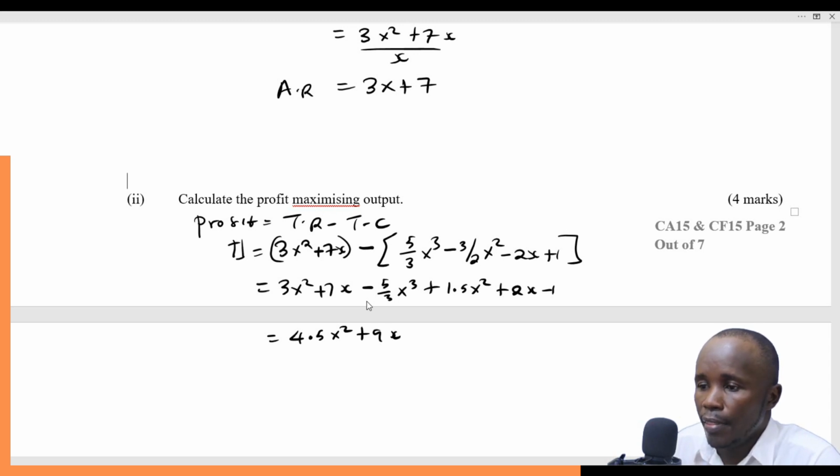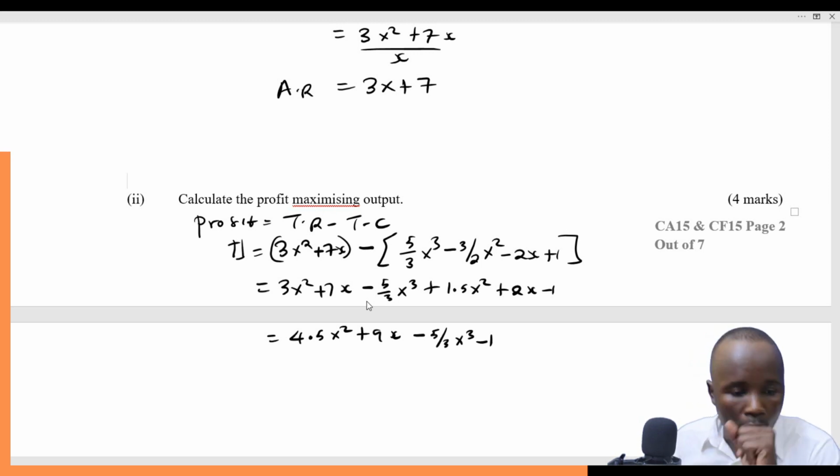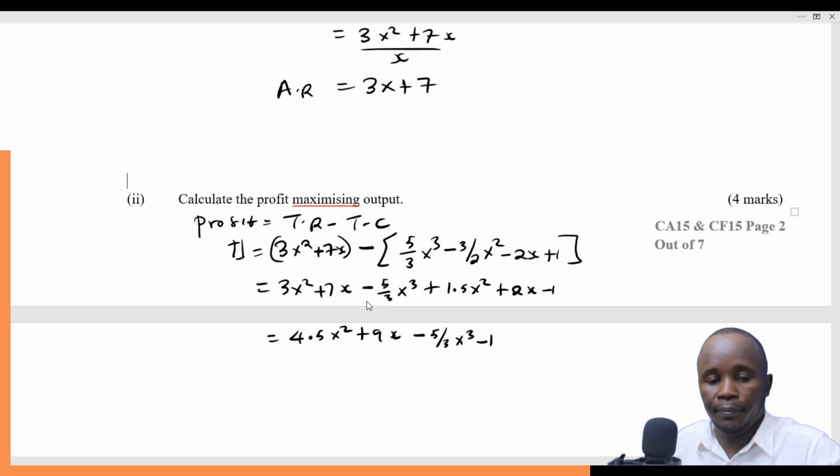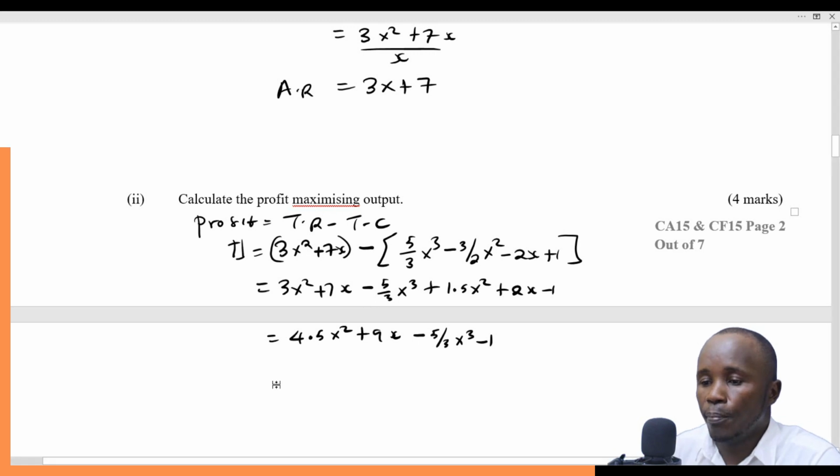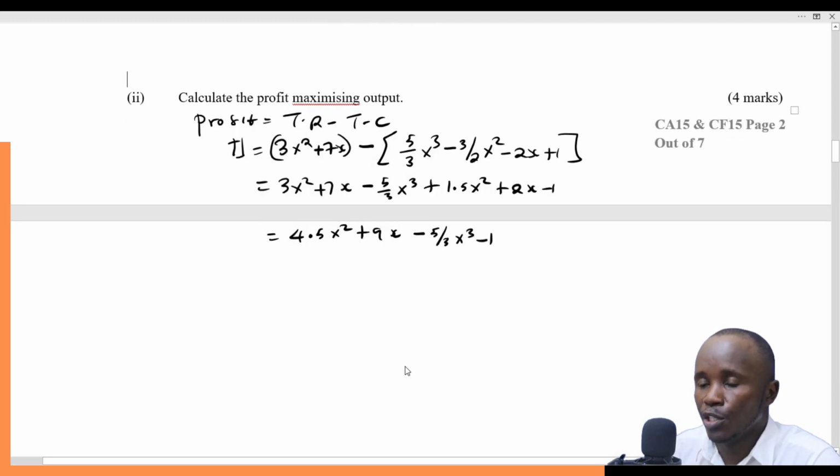And then minus 5 over 3 x cubed minus 1. Now, this becomes our profit function.